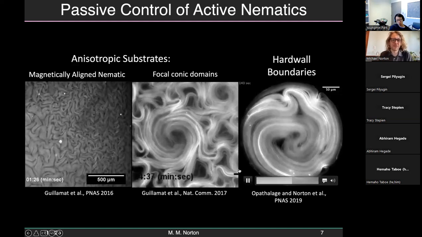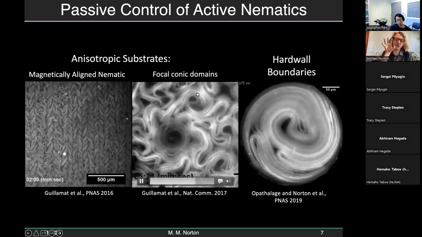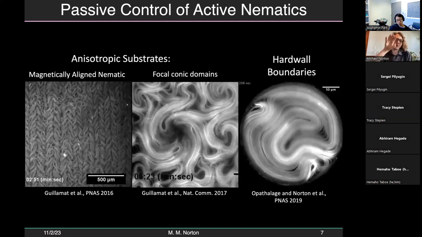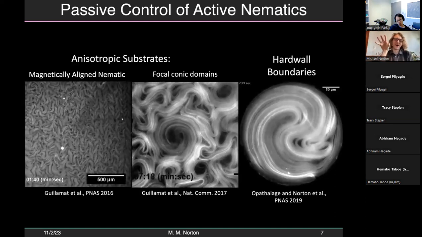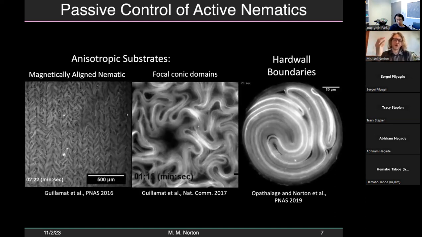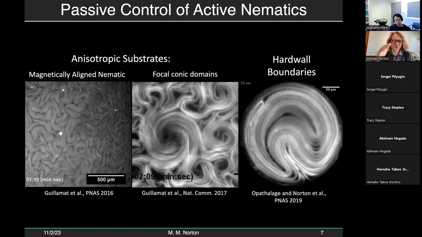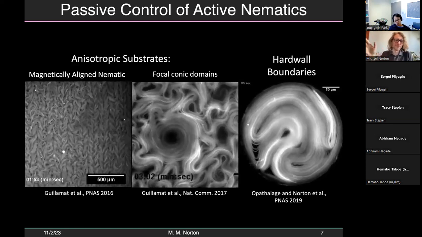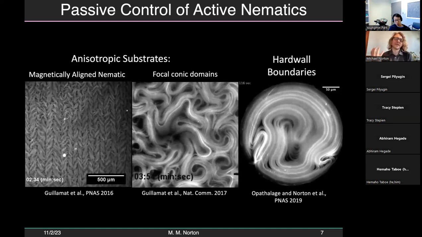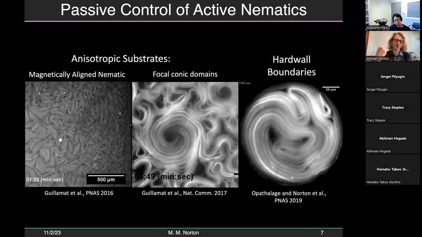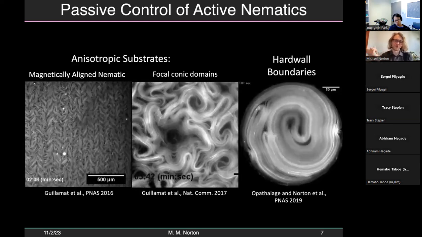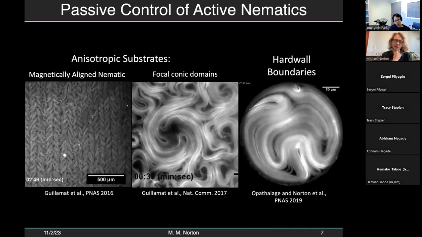A similar thing is happening in the middle, where you have these circular focal conic domains of a liquid crystal that form. The geometry and topology of those domains can be a little complicated, but the main point is that there's an easy way and a hard way for the microtubules to move, and so they prefer to circulate around those domains.